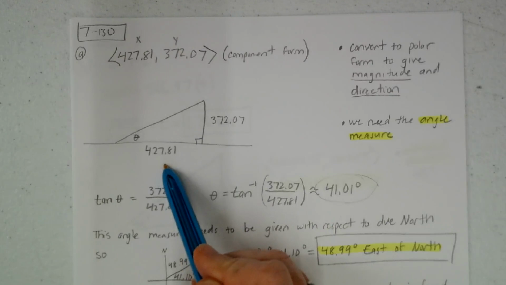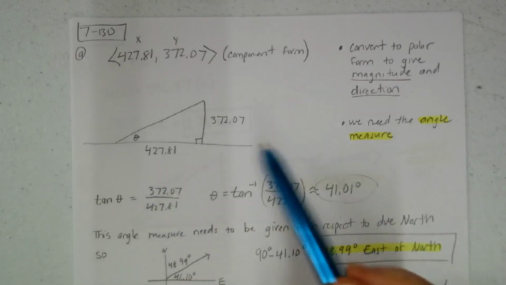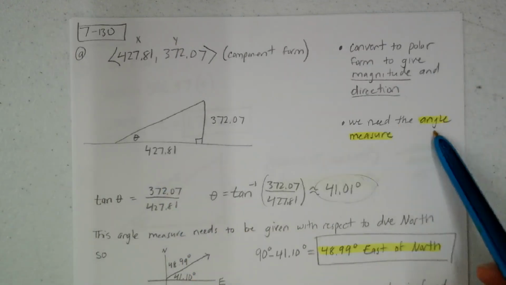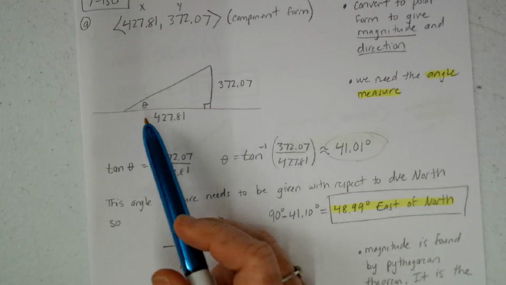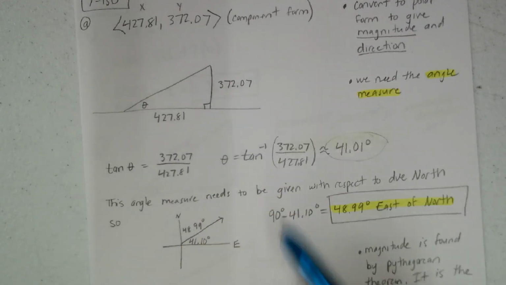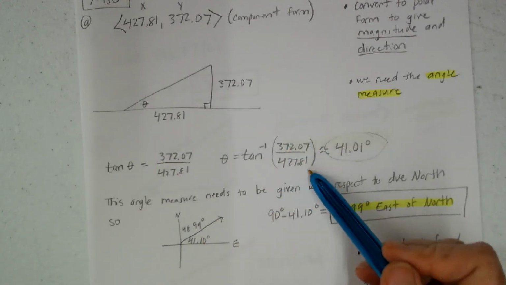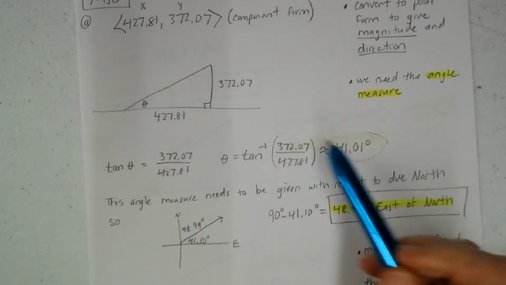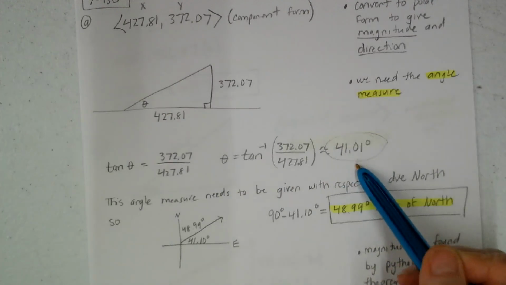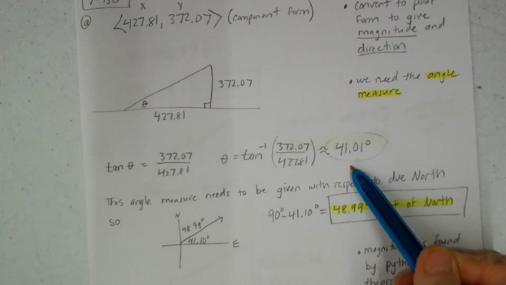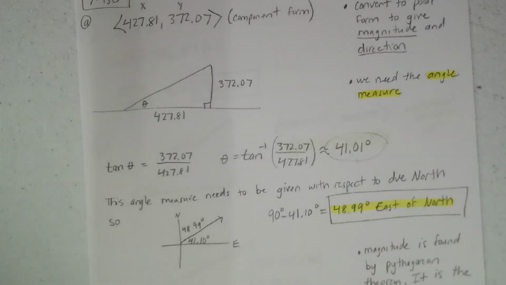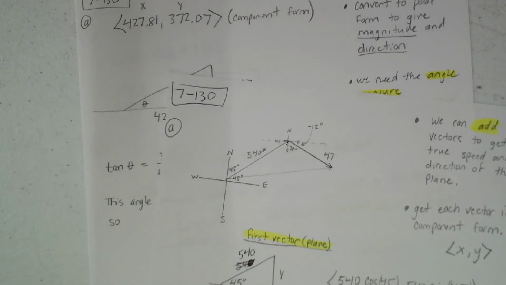That's tangent. I'm going to use tangent because I need to find the angle measure. So tangent of theta is opposite over adjacent. I take the inverse tangent of both sides, and I find out that theta is 41.01, which kind of makes sense given our original diagram and the way the wind was blowing.